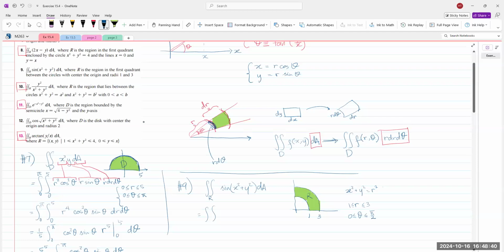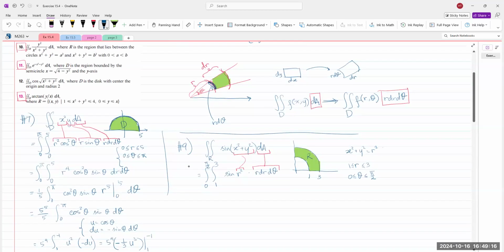So the outer integral uses the angle, and the inner integral is 1 to 3 of sine r squared, times r dr d theta. Again, take a look at the substitution. This becomes r squared, and the dA becomes r dr d theta. Notice that at this point we really need that extra r for the substitution.